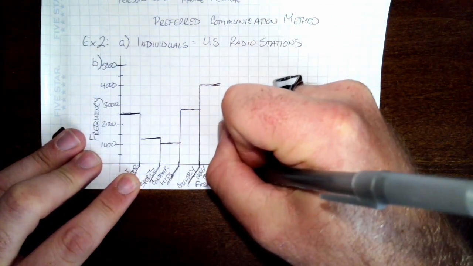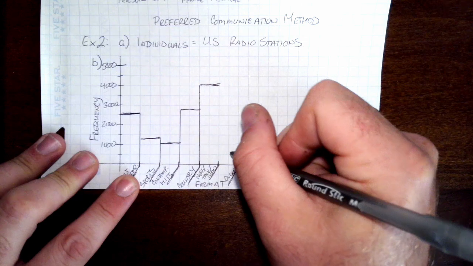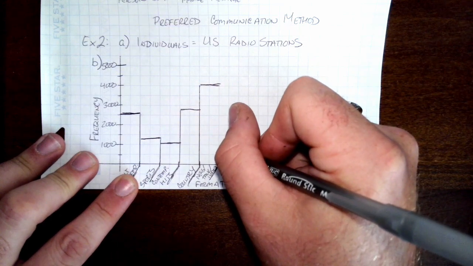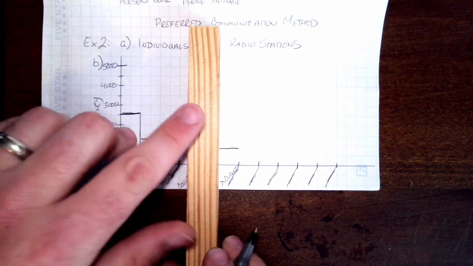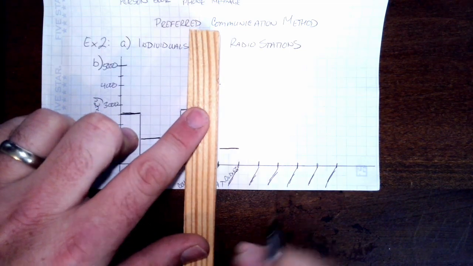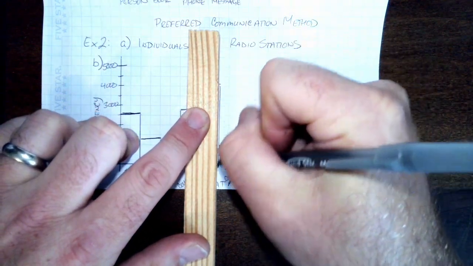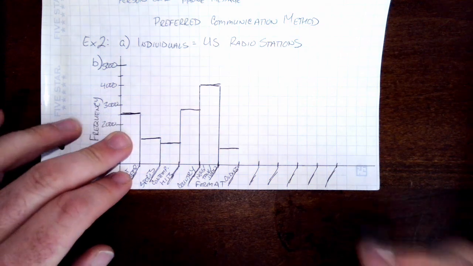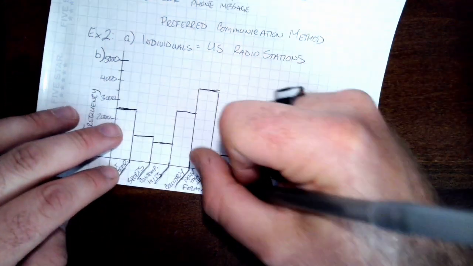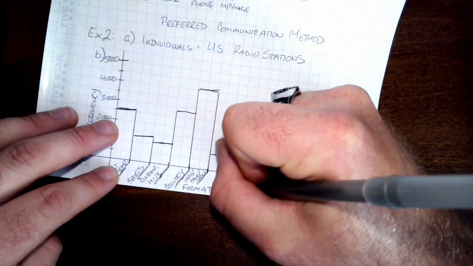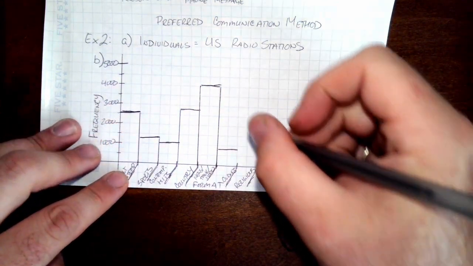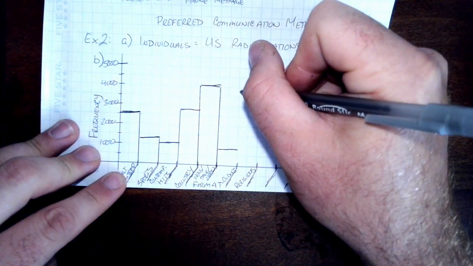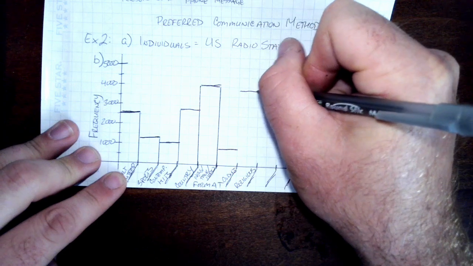Oldies down to 831, so just above halfway between 500 and 1,000. Religious. There were 3,884, so somewhere up around here.